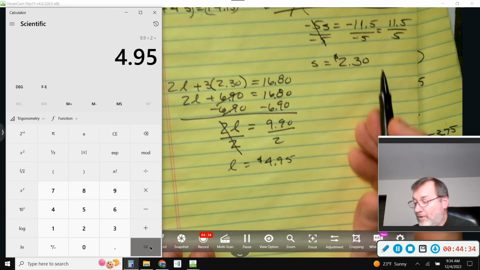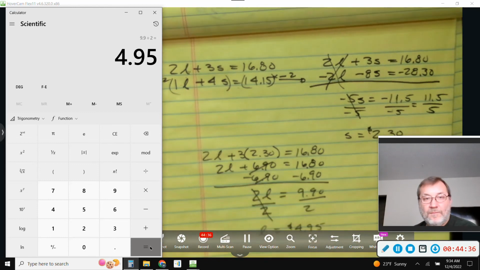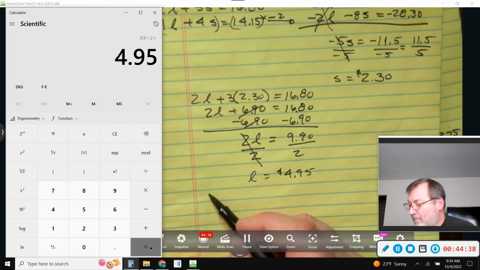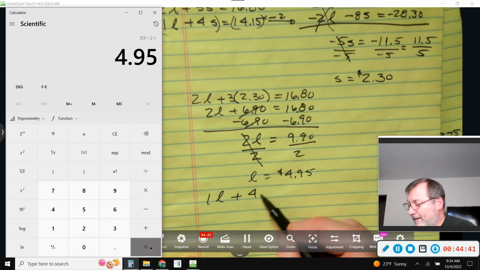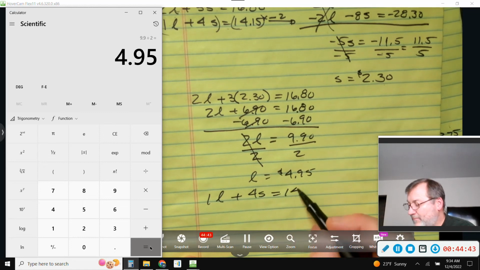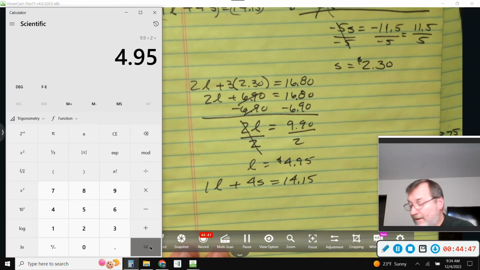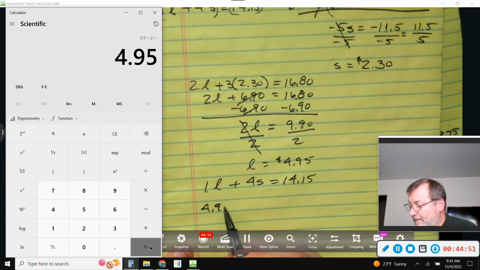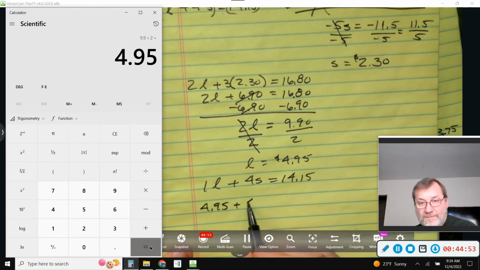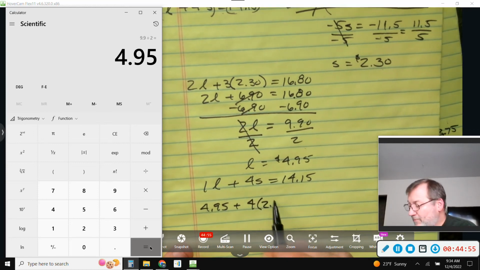How can we check our work? Put into the second one: 1L plus 4S equals 14.15. If that turns out right, then you know you got the right answer. So 1L is 4.95 plus 4 times 2.30.